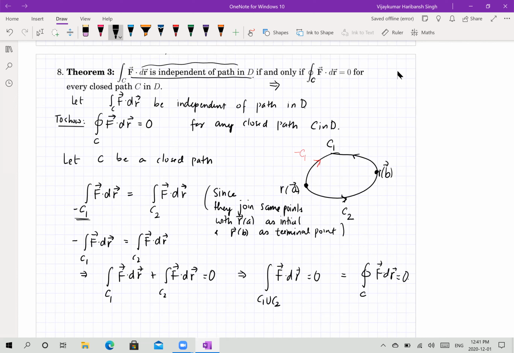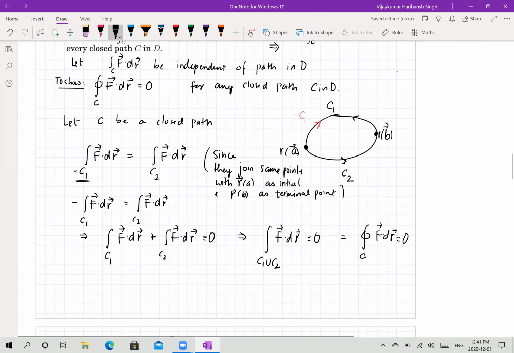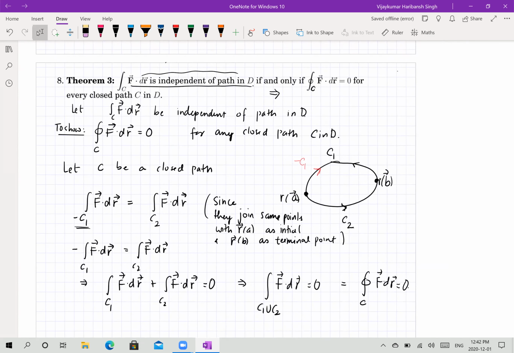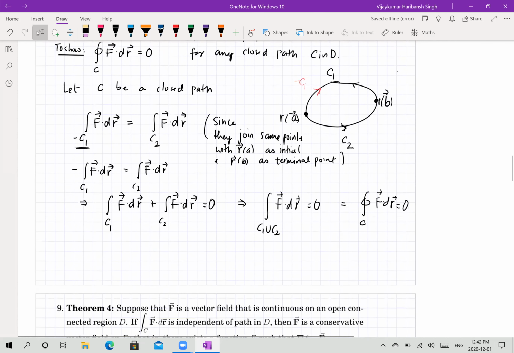Okay, so note, did we use a conservative field here? No, we did not. But again, it may depend on when F dot dr is independent of path; then we'll have to see the conservative case.